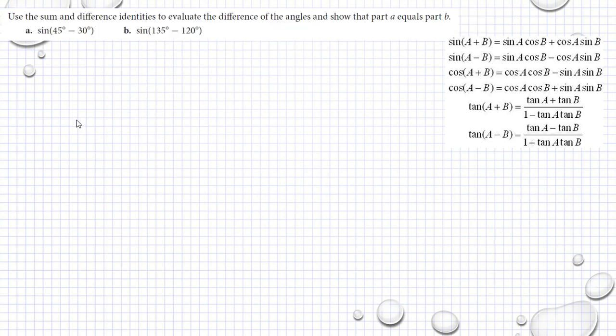Let's take the next. Use the sum and difference identities to evaluate the difference of the angles and show that part A equals part B. We will show that they are the same.